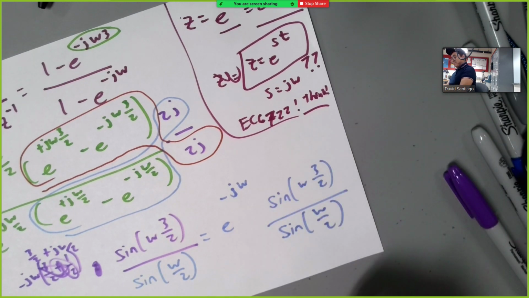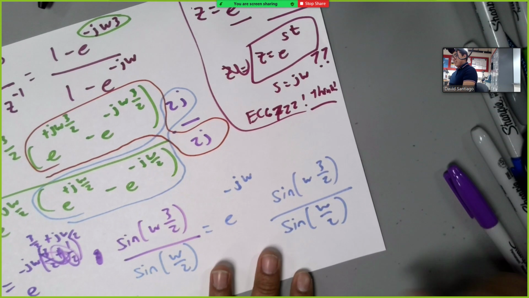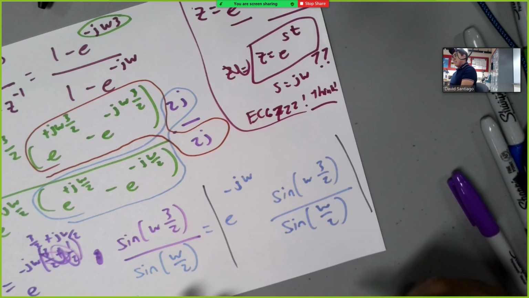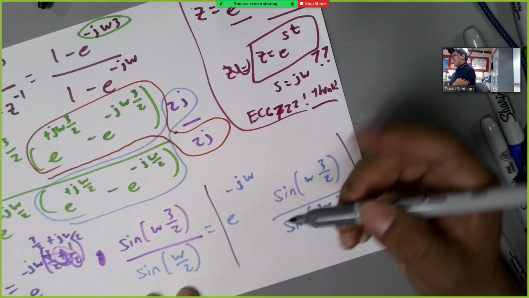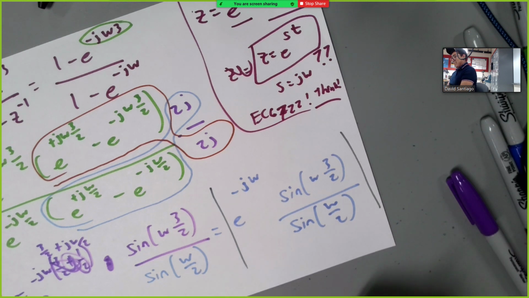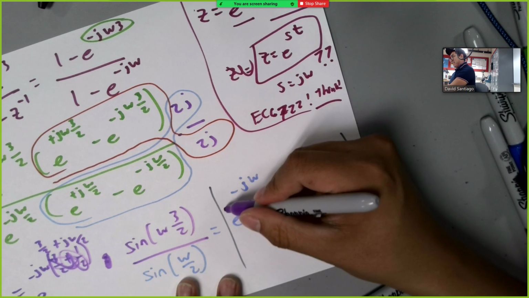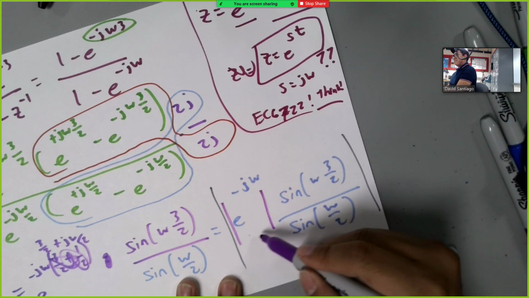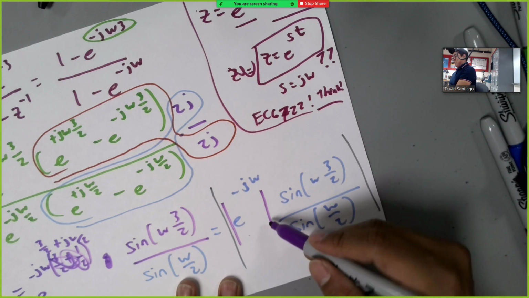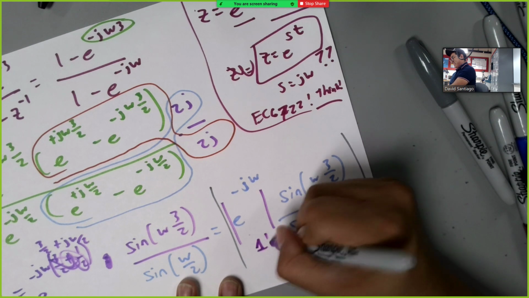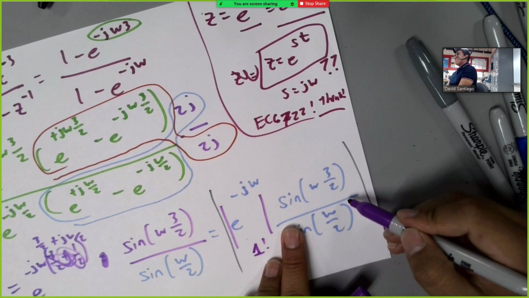And then if you wanted to do the magnitude, so if you were to take the entire magnitude of this, what's the magnitude? Here's a really popular question, and everyone gets this wrong for some reason. What's the magnitude of the exponential part?